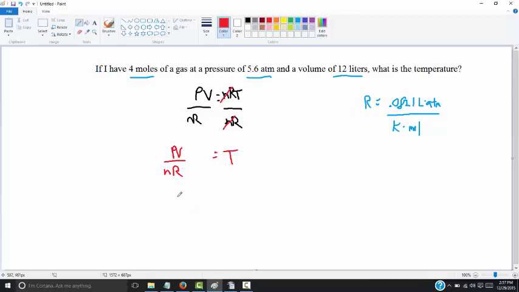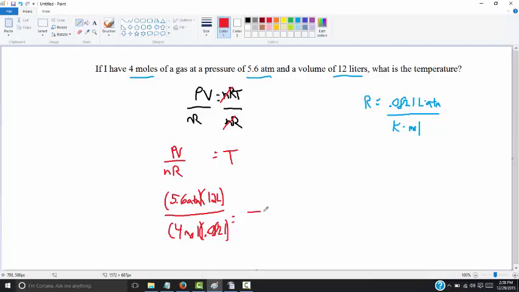And now it's a matter of plugging in the values and the units and seeing what you have left. So pressure, 5.6 atmospheres, times the volume, 12 liters. All that over n, which is 4 moles. And then the value for R, 0.0821.